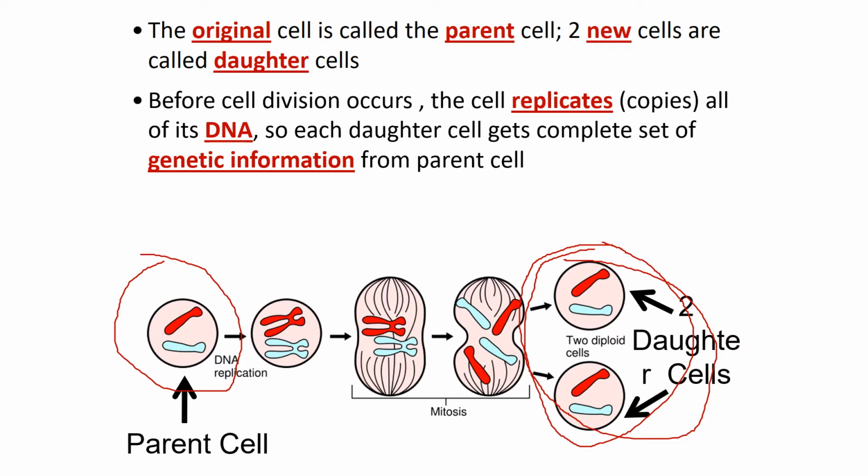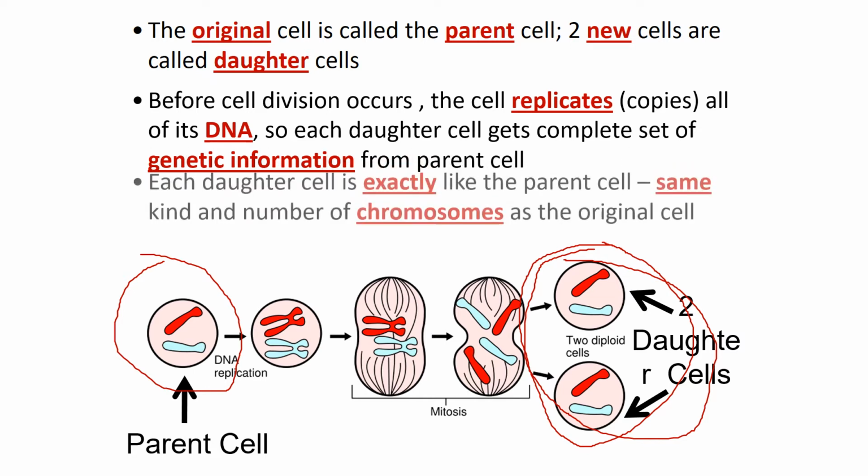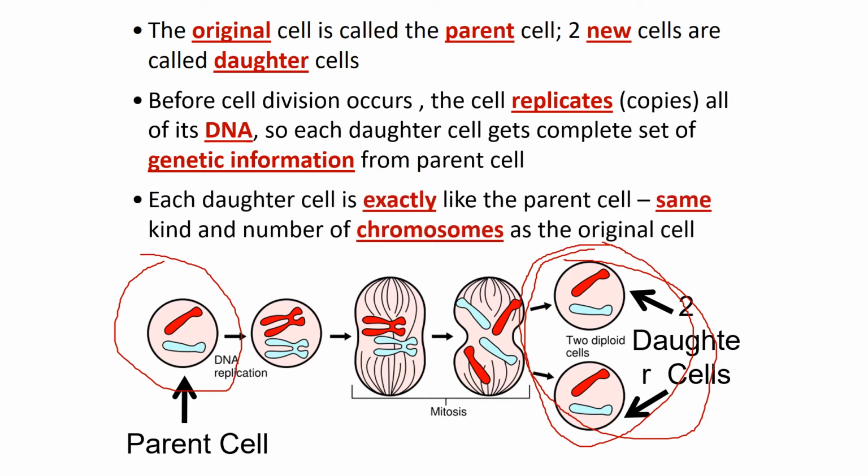Before cell division, the cell replicates, copying all of its DNA. So each daughter cell gets a complete set of genetic information from the parent, so that they're genetically identical. Each daughter cell is exactly like the parent cell: same number of chromosomes, same genetic information.